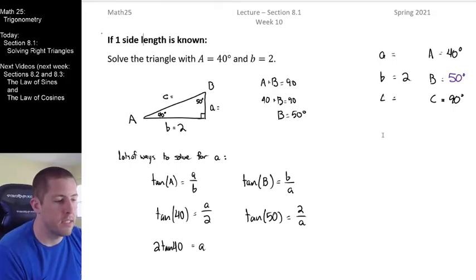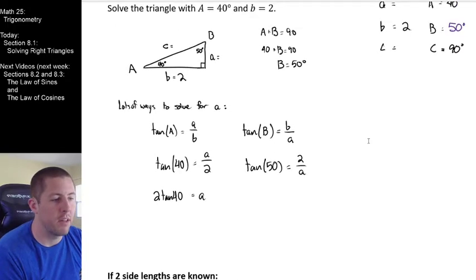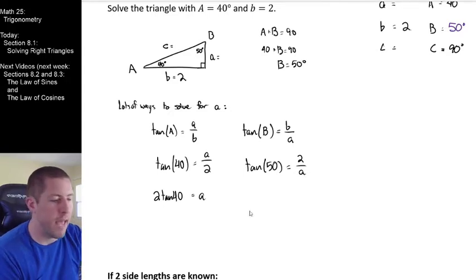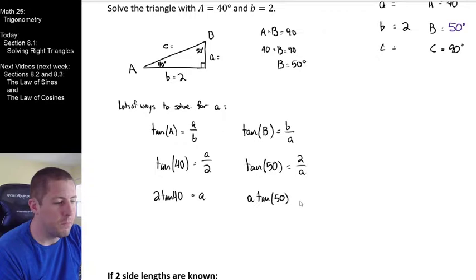Now notice here this is a slightly less comfortable situation for me to land in, because it's not like I can just do one math step like over here where we just multiplied by 2 and we had a left alone. Here I don't quite get that. So I'm thinking to myself, I want to multiply both sides by a. And now if I divide both sides by tangent of 50, we'll have our answer here.